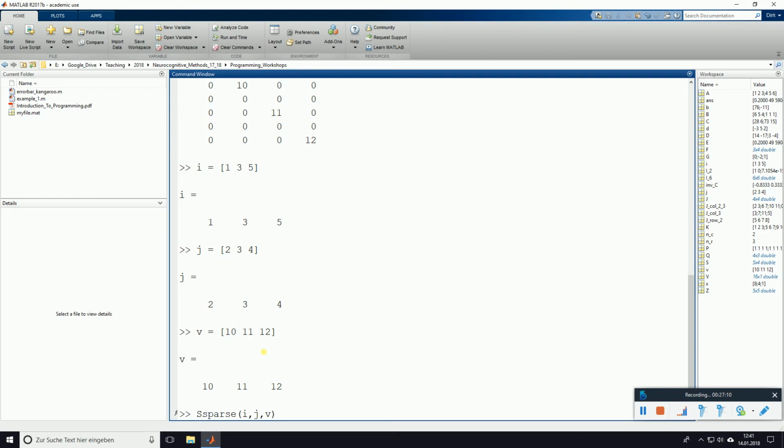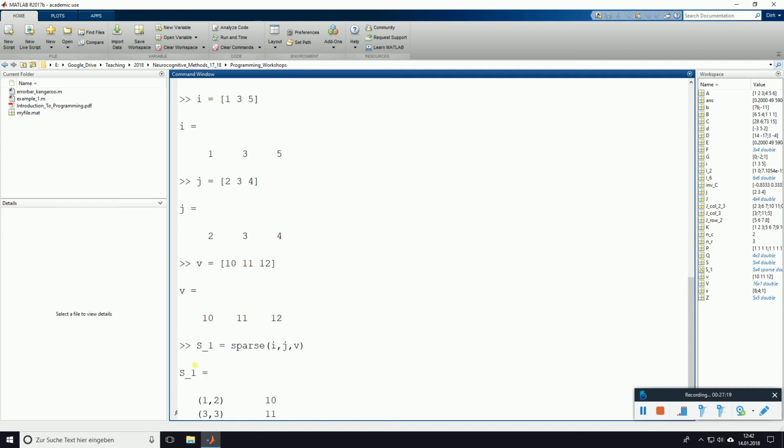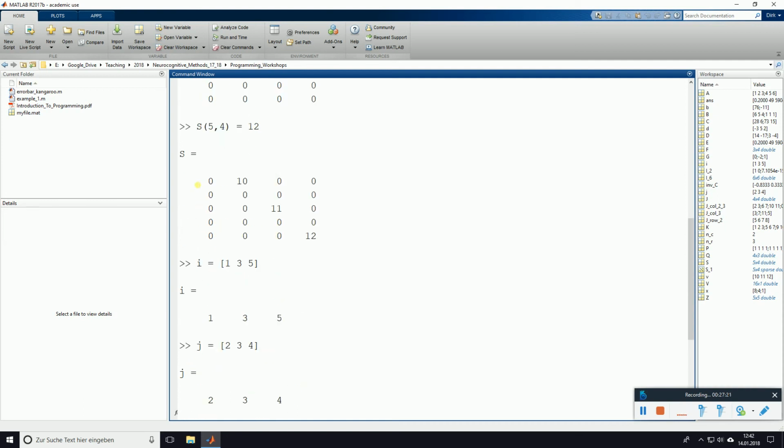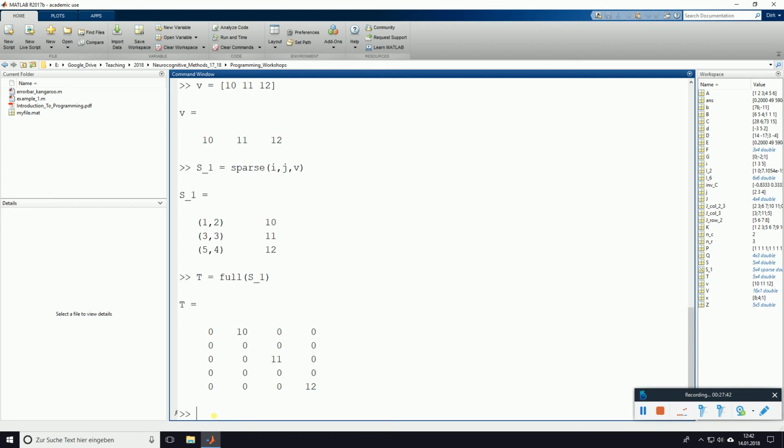Let's call that S1. Now this is a sparse matrix, so we don't get a representation of it as we usually see, but we get this representation, which just tells us where the row indices are and where the columns are. So to convert this into a full matrix, we can use this command, and then we get the full representation.